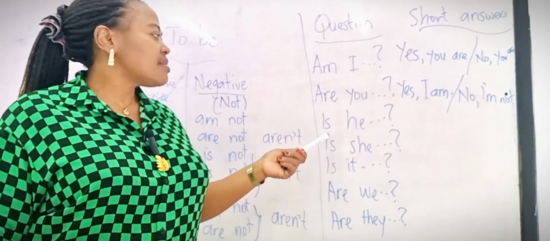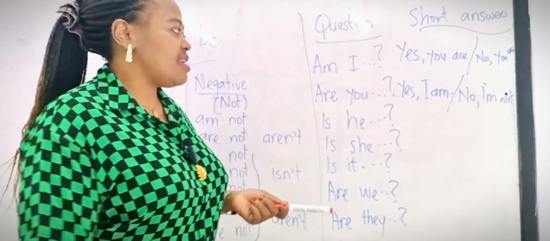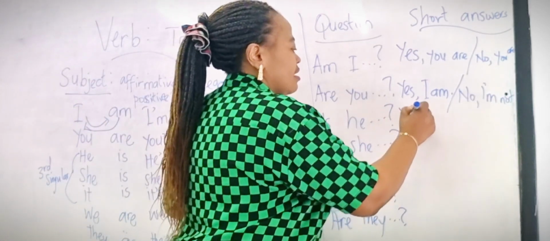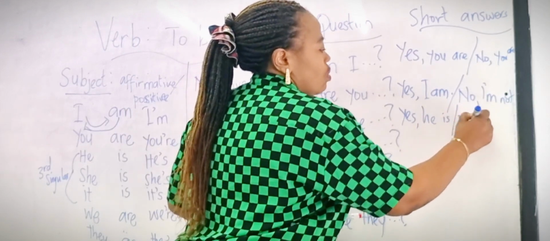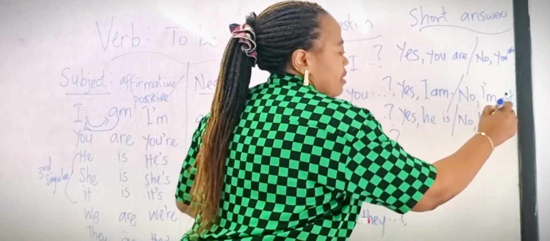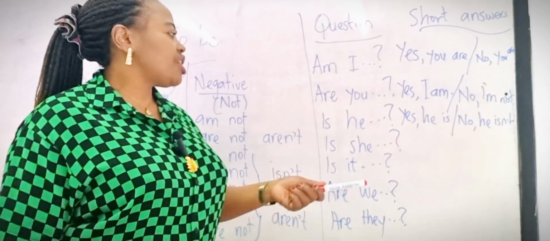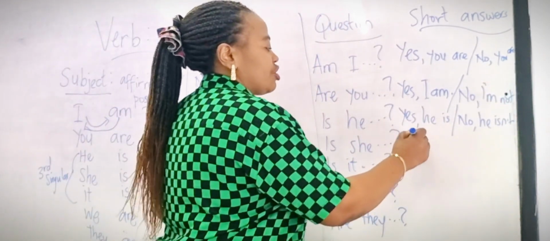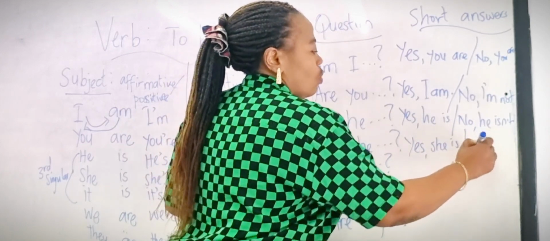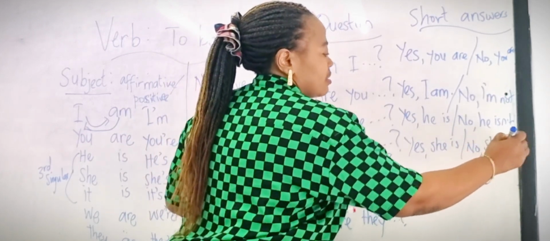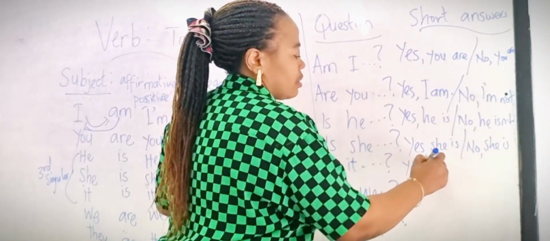And the next is he. Is he a teacher? Yes, he is. Or no, he isn't. Full stop. And is she a teacher? Yes, she is. Or no, she isn't. Is it?